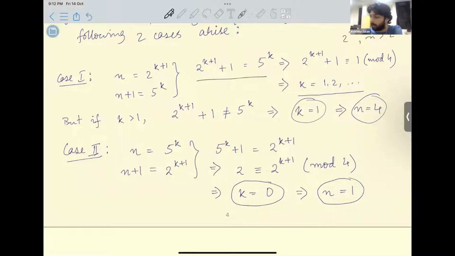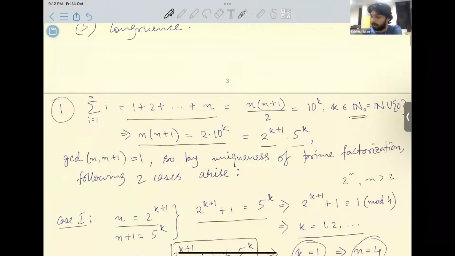So naturally, this equation will be satisfied as long as k is greater than or equal to 1. But then we see that if k is greater than 1, I can never satisfy the n plus 1 condition. So the only option left is k equal to 1, and for k equal to 1, n is equal to 4. So this is the first solution that we get. And it is easy to check that 1 plus 2 plus 3 plus 4 is 10, which is 10 to the power 1. Okay.